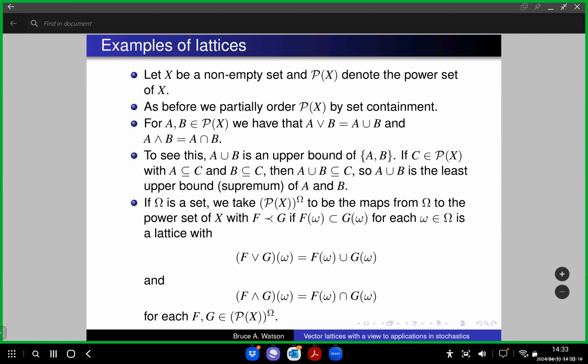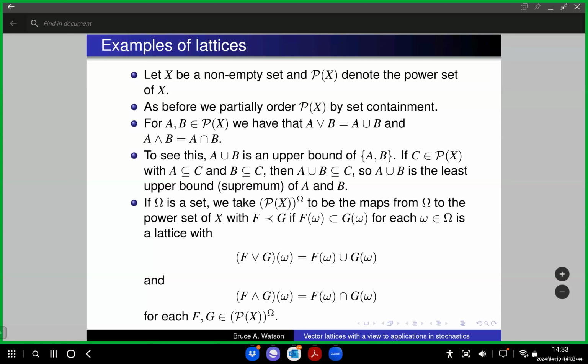Well, A is a subset of A union B, and B is a subset of A union B. So firstly, A and B are both comparable with A union B, and A and B are both predecessors of A union B. So indeed, A union B is an upper bound for the set {A, B}.